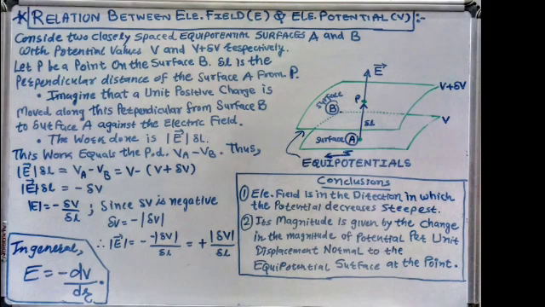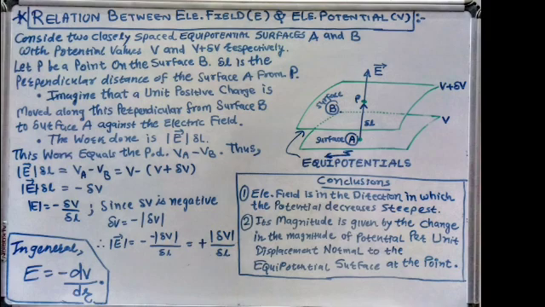Mod of E is equal to minus delta V upon delta L. Since delta V is negative, delta V is taken as the minus of delta V. So, mod of E is equal to minus mod of delta V upon delta L. In general, we write E is equal to minus dV upon dr. So, conclusion: the electric field is in the direction in which the potential decreases steepest.